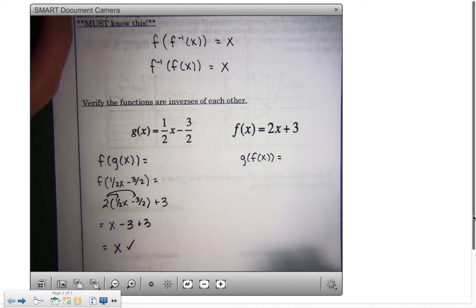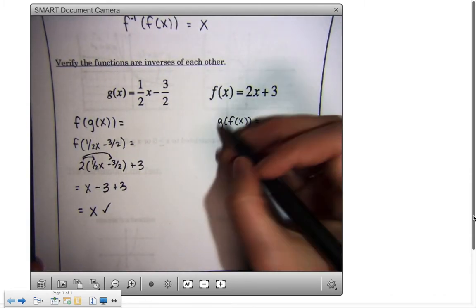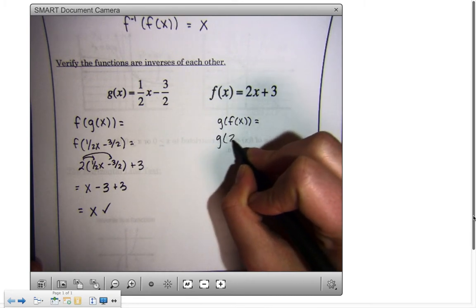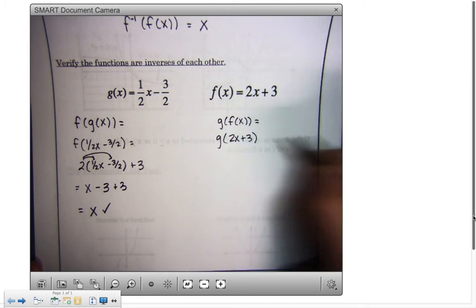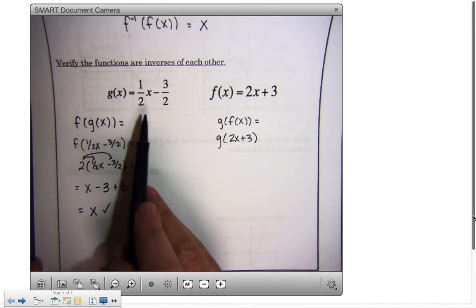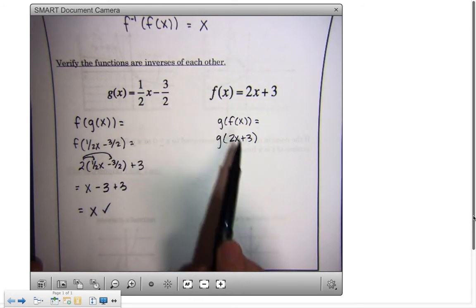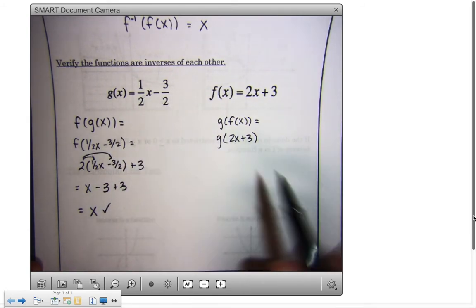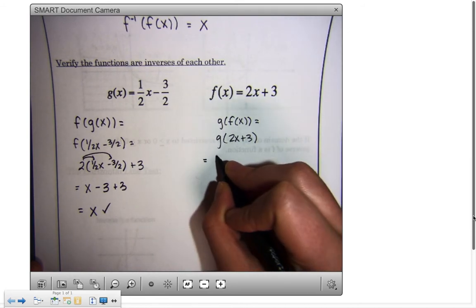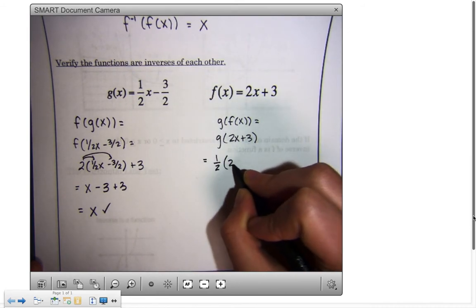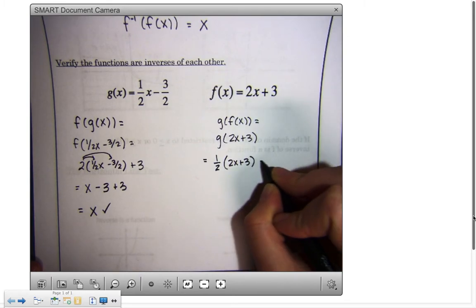We just have to show that it works for g of f of x. So now we're going to have g of 2x plus 3. That means everywhere in g that I see x, I'm replacing it with 2x plus 3. So I'm going to have 1/2 times (2x plus 3) minus 3.